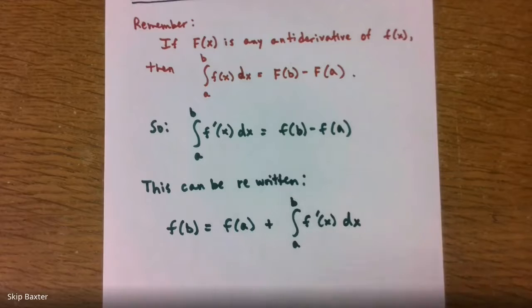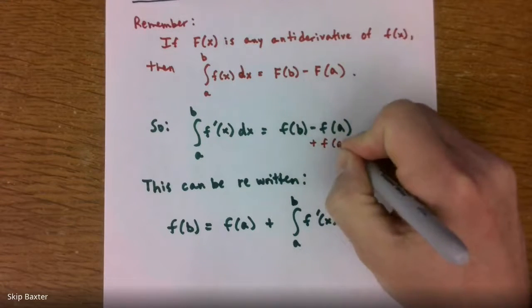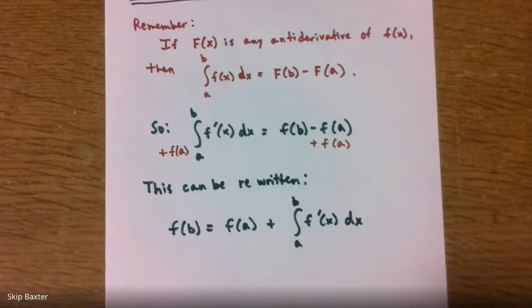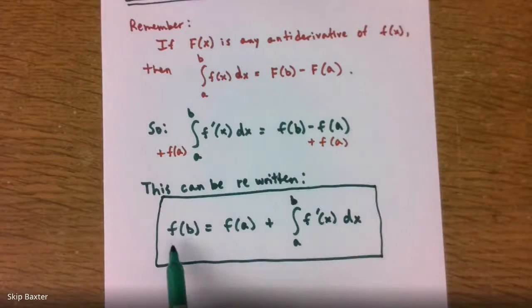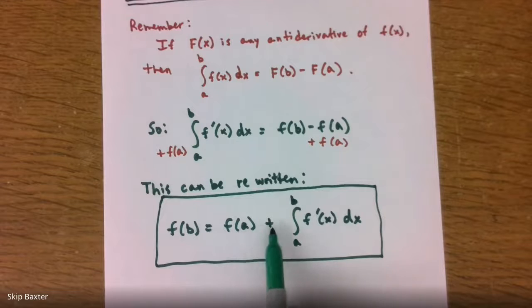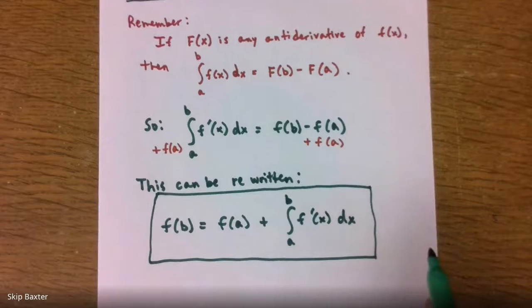All I did is go to the original equation and add f of a to both sides. But this is really useful because to get the value of a function at any point, you just take the value of the function at any other point and add this definite integral to it, okay?